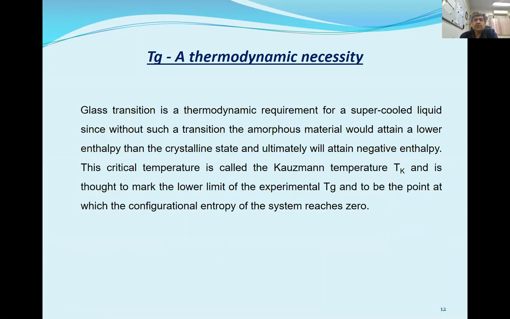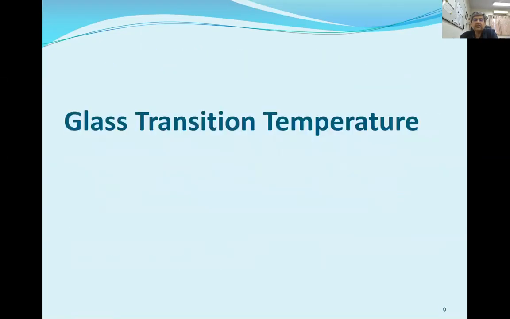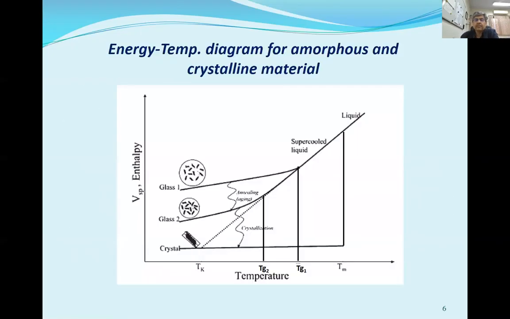So just to put the concept in the right perspective, I'll go back to one of the previous slides that we had used. What I am trying to convey here is that this was the crystalline state. When we heat it to the melting point, there is a sudden change in its properties, and then it becomes liquid or molten.